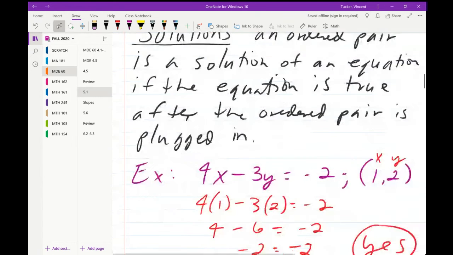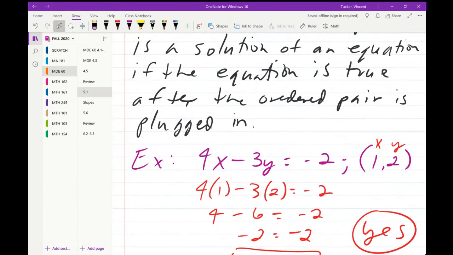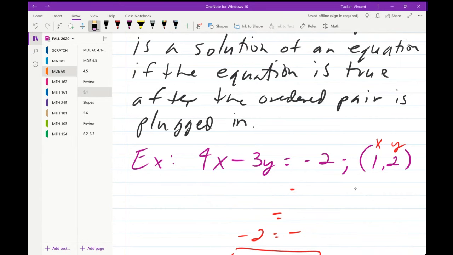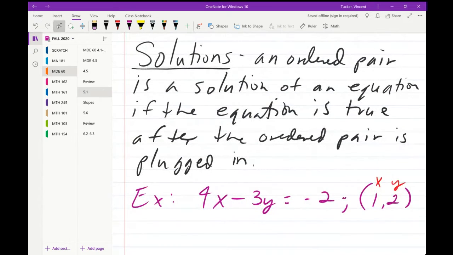All right. So if I have the equation 4x minus 3y equal to -2, and they want me to test if an ordered pair is a solution of an equation if the equation is true after the ordered pair is plugged in.